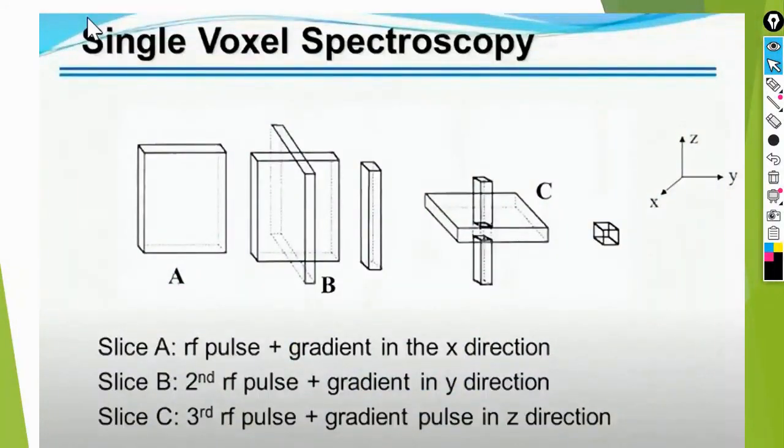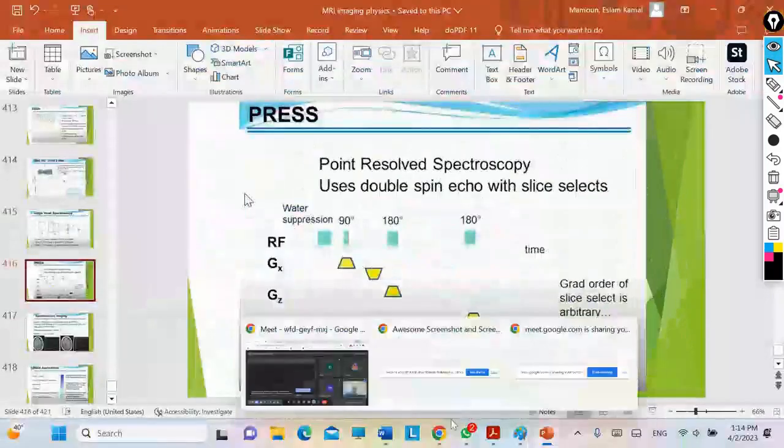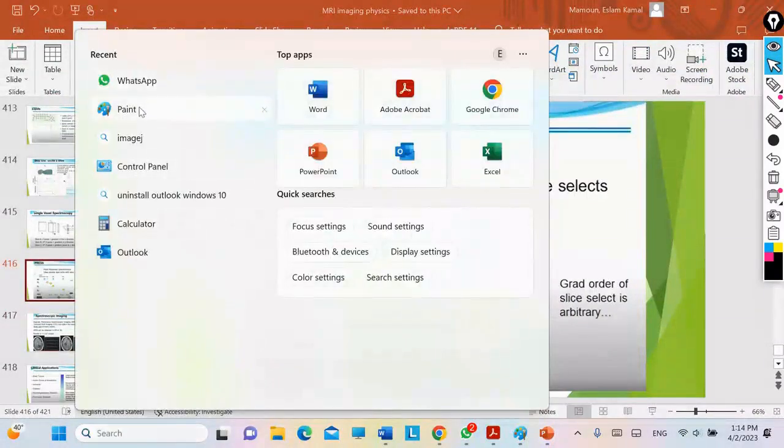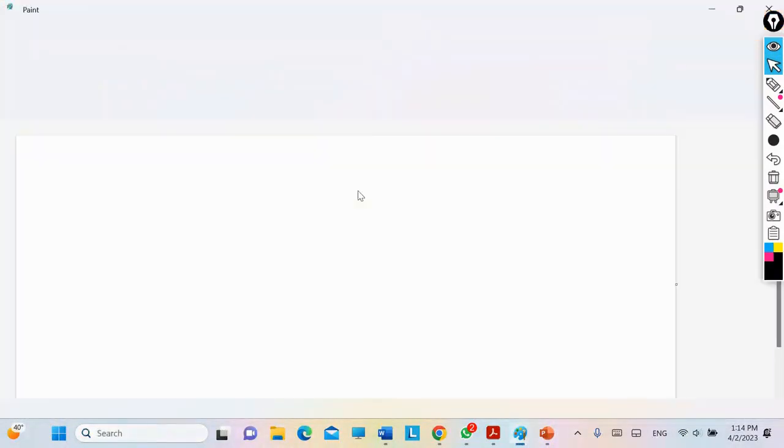How does my device select voxels? Let me explain to you, for example, in a simple way, to make it clearer and easier to understand. First, I am dealing with pixels or voxels.